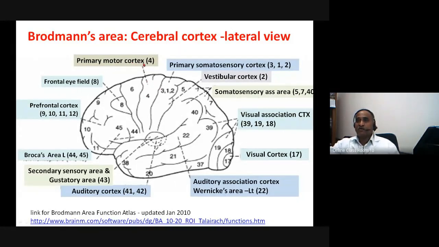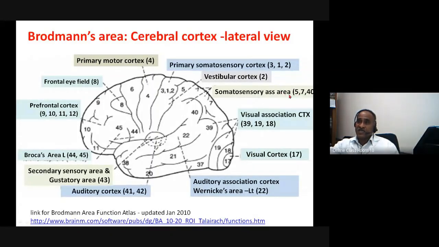That is the primary motor cortex. So this is 4. 1, 2, 3, 4. The 5th one is just on the posterior cortex, and this 5th one becomes the somatosensory association area, 5, 7.